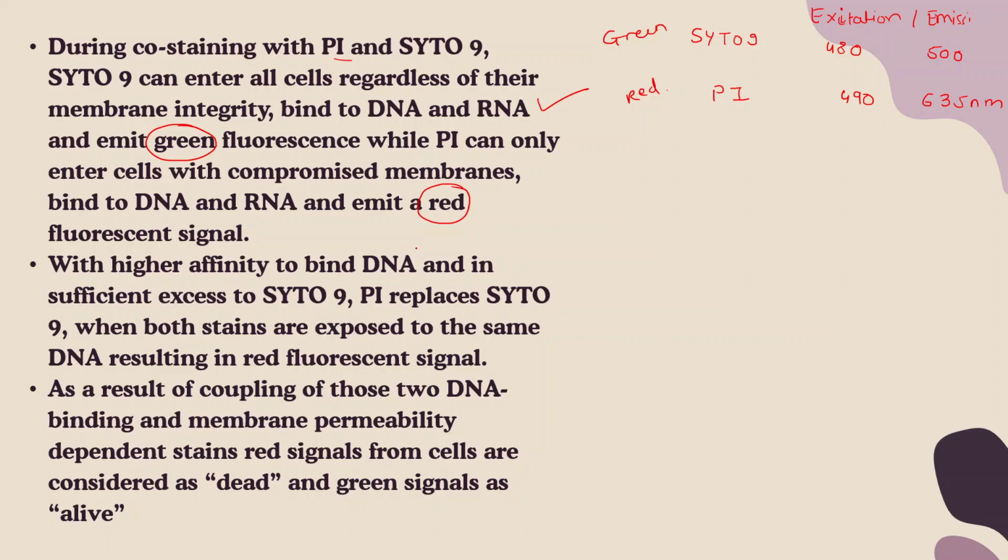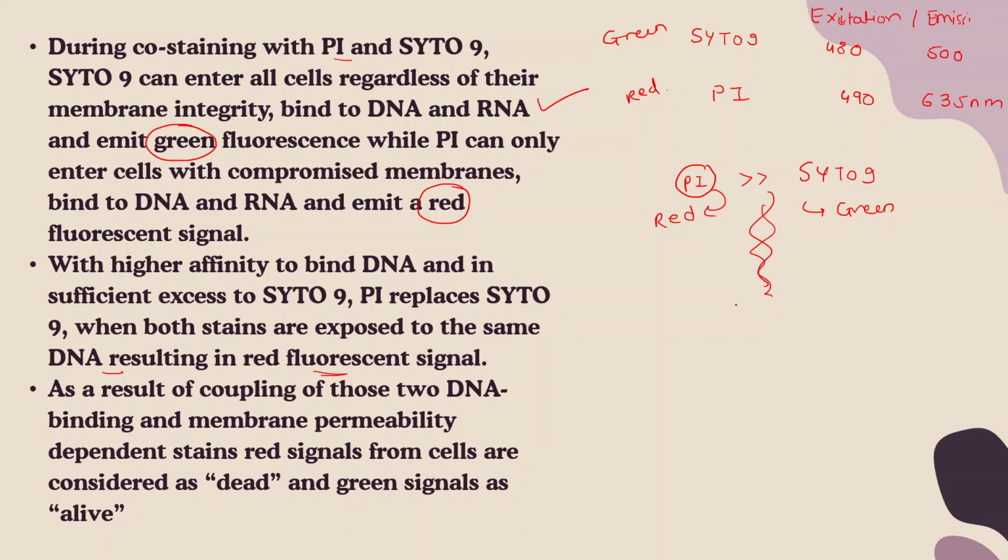Talking about the affinity, with higher affinity to bind DNA and insufficient access to cyto9, PI replaces cyto9 when both stains are exposed to the same DNA, resulting in red fluorescent signal. For example, if you have treated it with cyto9, it will emit green fluorescence. If you are treating it with PI, it is going to give red fluorescence. But PI generally has higher affinity to bind to the nucleic acid in comparison to cyto9.